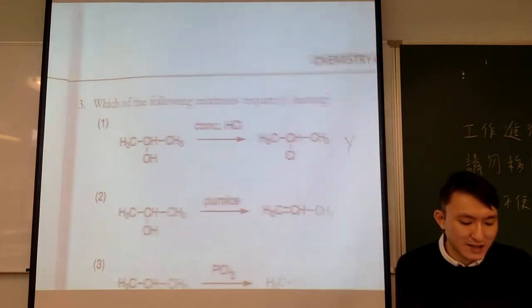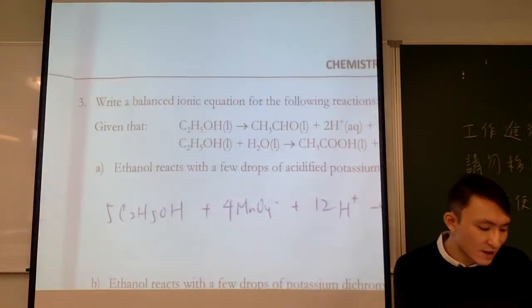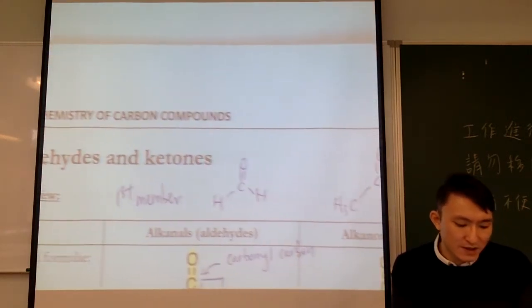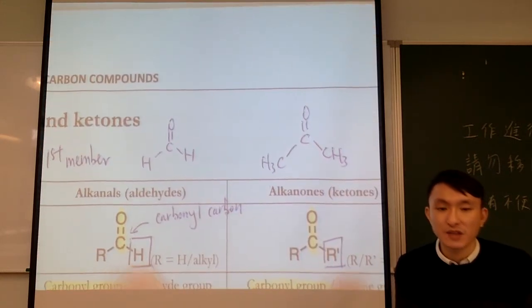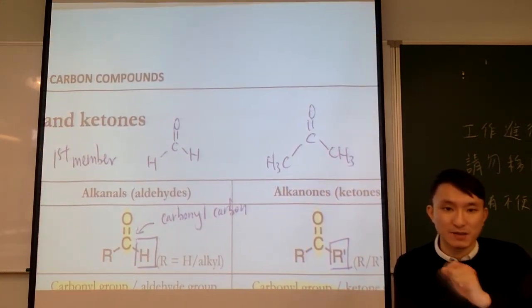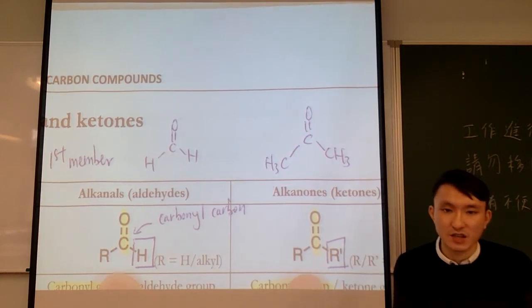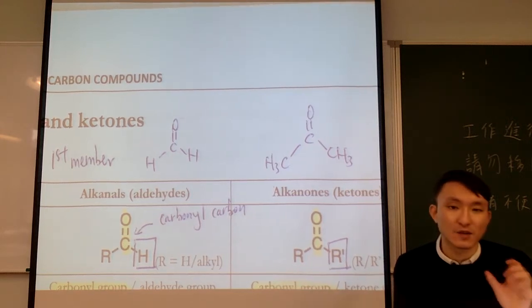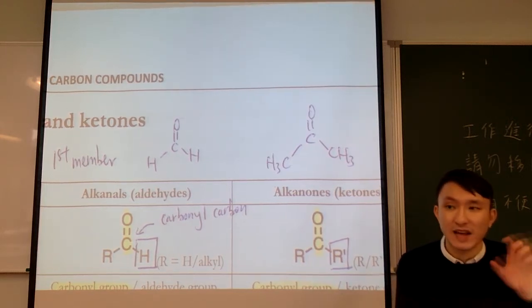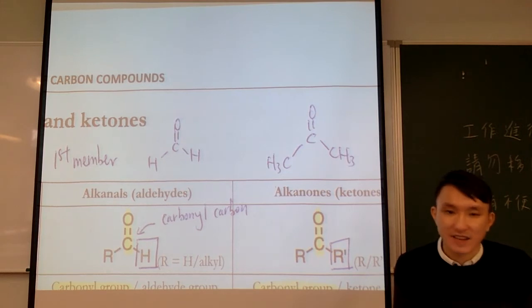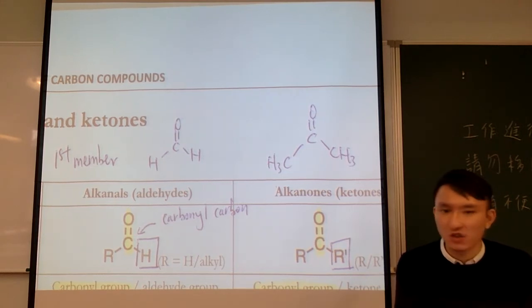But you may realize that starting from aldehyde, the general formula, instead of using those n and H2n plus and so on, we actually use this representation to show the general formula. We try to emphasize the functional group rather than looking at the n. So this is how we usually do it.